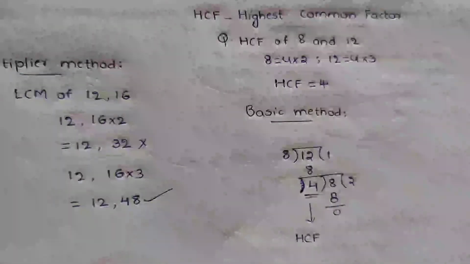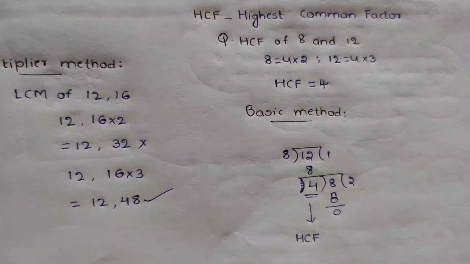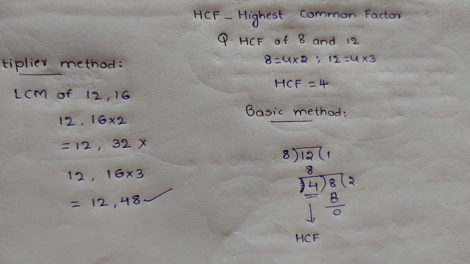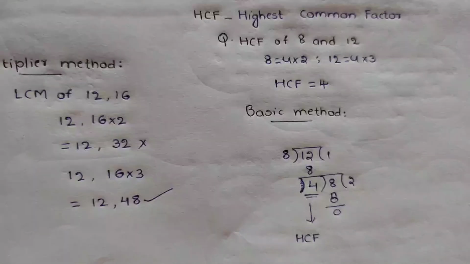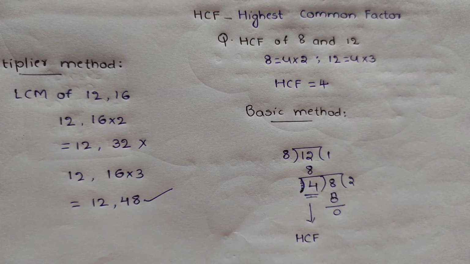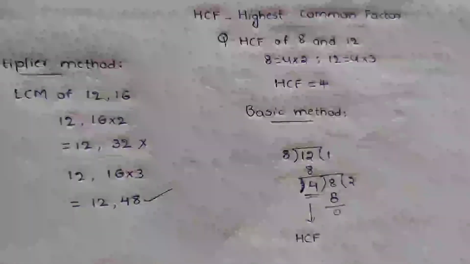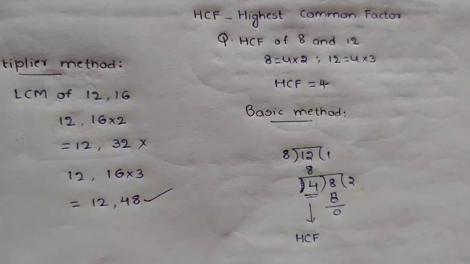If you double it, the result will be 32, that is 16 2s are 32. This 32 is also not divisible by 12. So when it is not divisible by 12, you have to triple it, that is 16 into 3, which is 48, and this 48 is divisible by 12. So our LCM of 12 and 16 is 48.